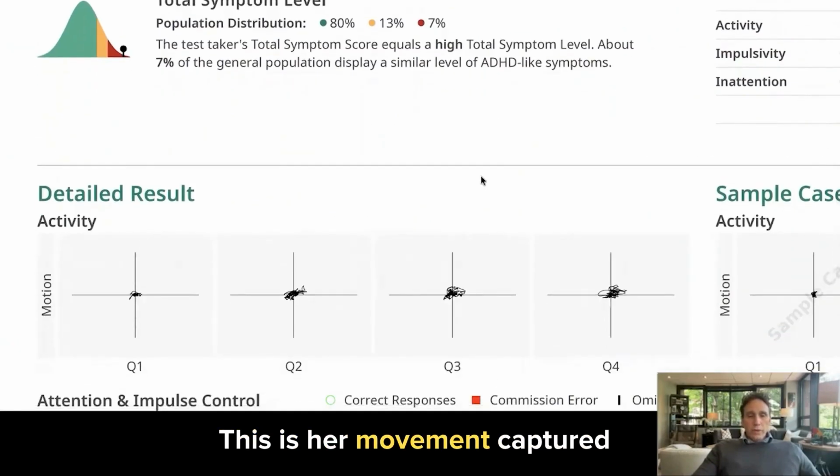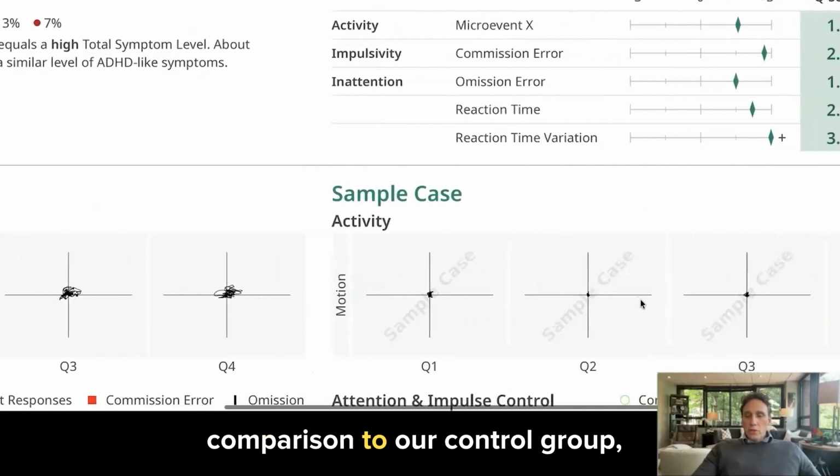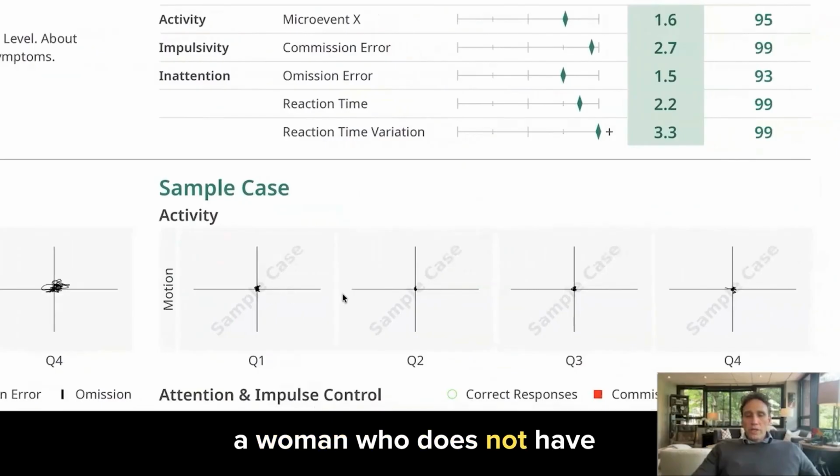This is her movement captured in 5-minute increments in comparison to our control group, a woman who does not have ADHD. And what you'll notice in the control group is there's very limited movement. It's very micro movement, tiny little movements, not taking up much space, and it's consistent across the whole 20-minute period.